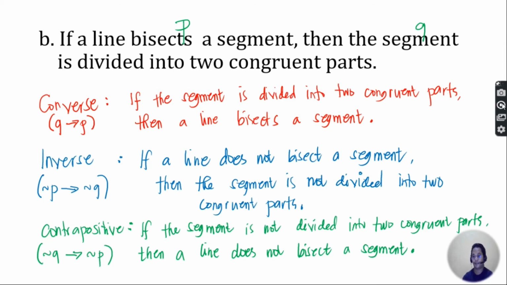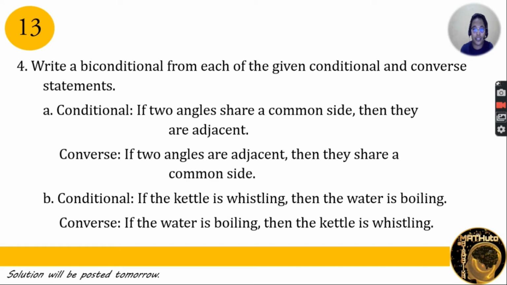Okay. Our fourth exercises po today. So, we're going to write a biconditional statement from each of the given conditional and converse statements po. So, we can write a biconditional statement if the conditional and the converse are both true po. So, kailan lang magiging false yung ating conditional statement? Kapag yung ating hypothesis ay true at yung ating conclusion ay false.